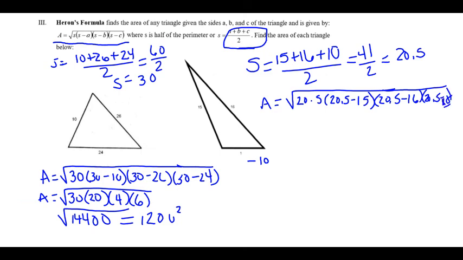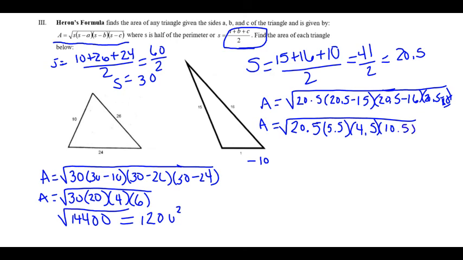All right, so we get A equals 20.5 times 5.5, 4.5, and 10.5.